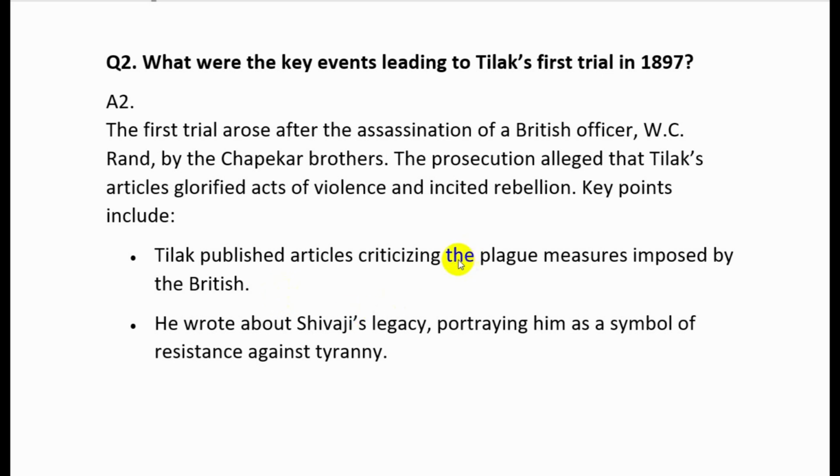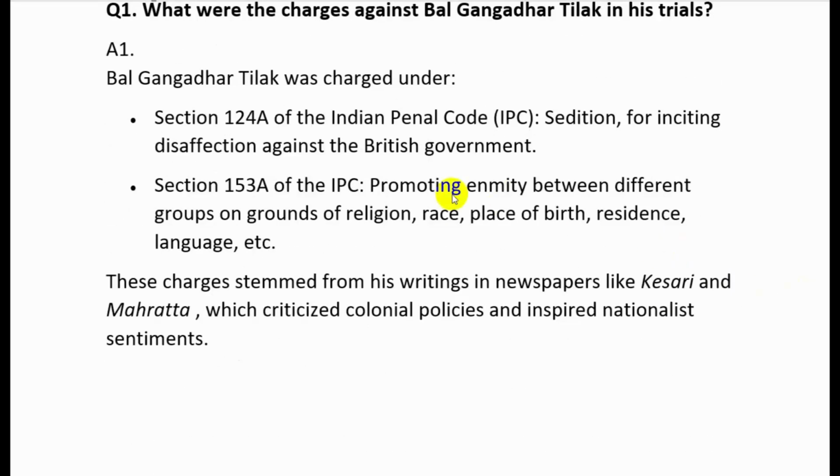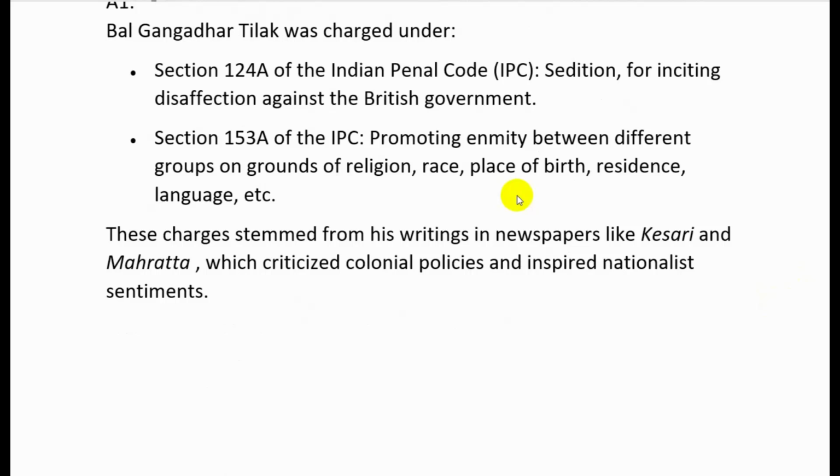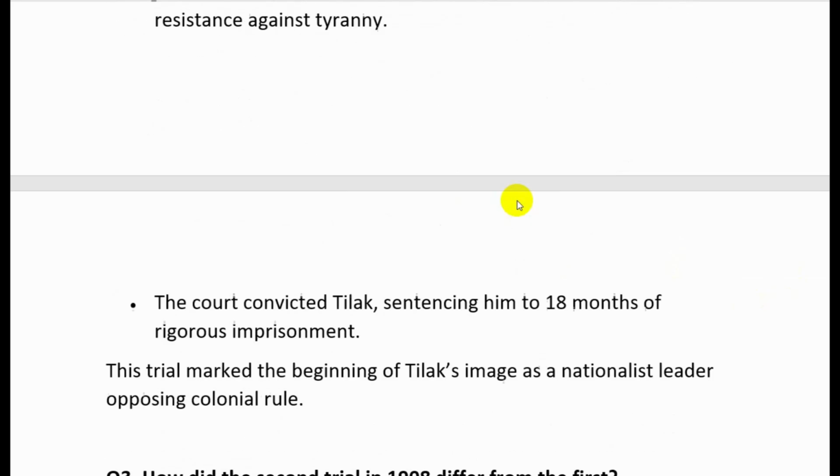So these were the two key points which were cited as inciting violence and rebellion against the British government, and therefore the sedition law and promoting enmity between different groups, that is both the sections of 124A and 153A.